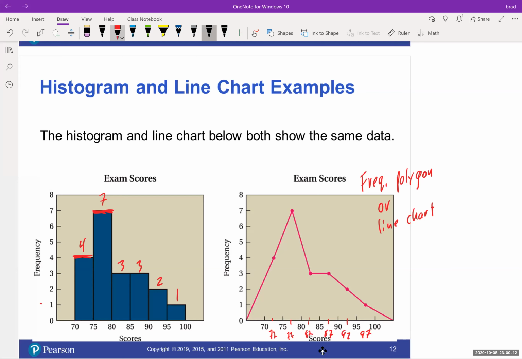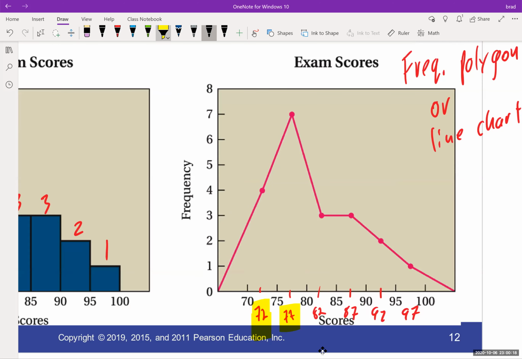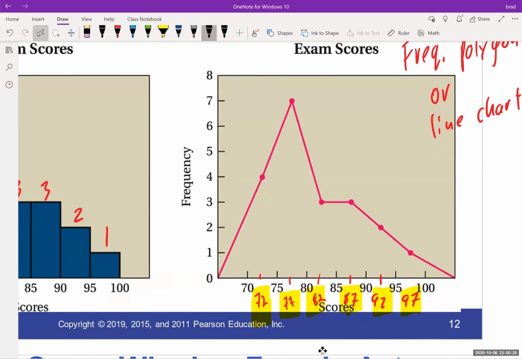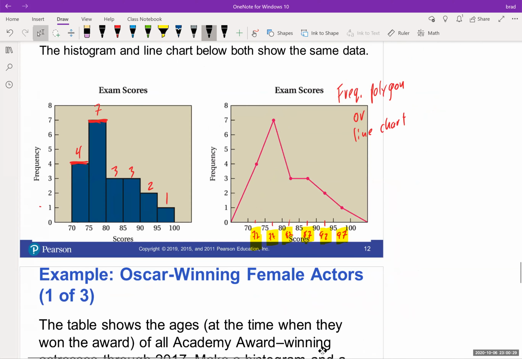Now I stopped calculating because I saw the pattern. If you guys look, how far apart are 72, 77, 82, 87, 92, and 97? They're all 5 apart, just like the class width is 5. So once I saw that, I just said, oh, okay, I can see how to separate these midpoints. And then if you look straight up from your midpoint, that's where this point occurs.